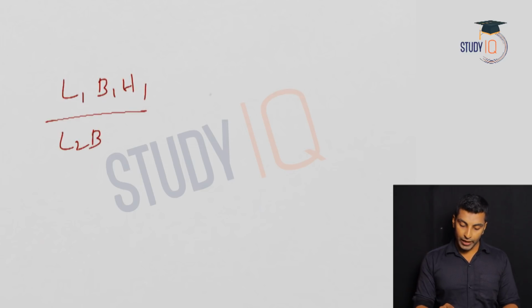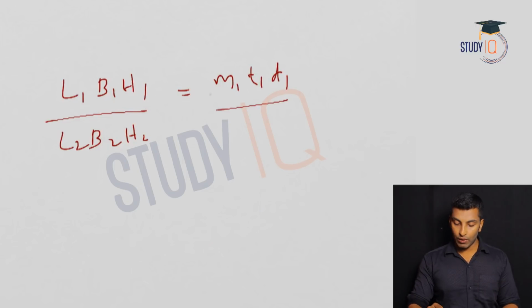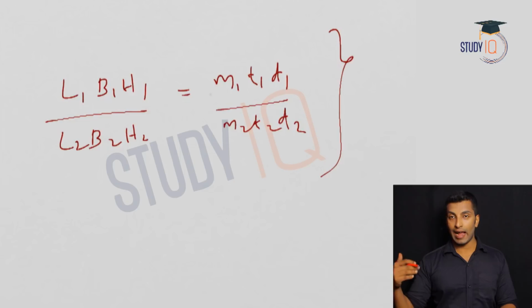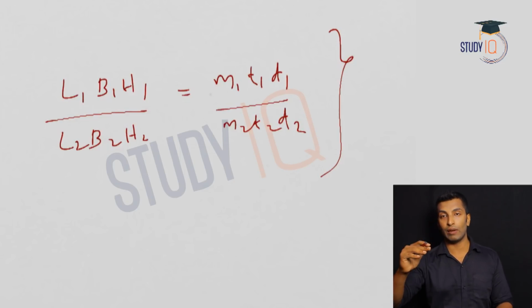So in this video we have discussed 3 important concepts where you will get specific questions, right? One is L1 B1 H1 divided by L2 B2 H2 is equal to M1 T1 D1 divided by M2 T2 D2. Any one unknown, you will find the answer. Questions like constructing a wall with a particular height, length and breadth will be given.